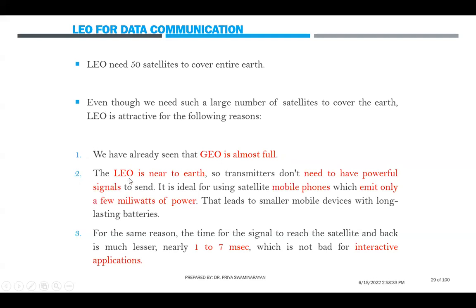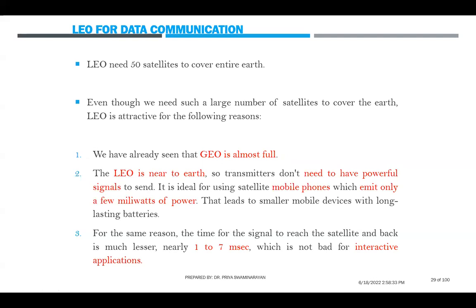Second, LEO is nearer to Earth's surface. Because of that, we need only limited signal strength. Even if the signal has limited strength, it can easily travel up to the LEO satellite. For example, consider our mobile phone.